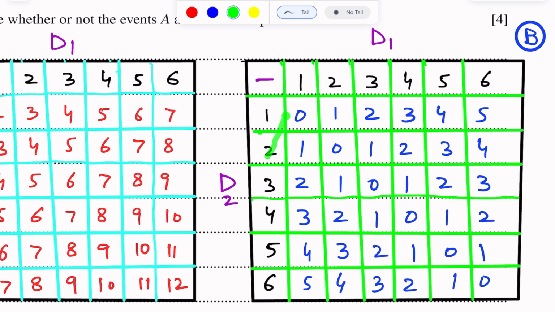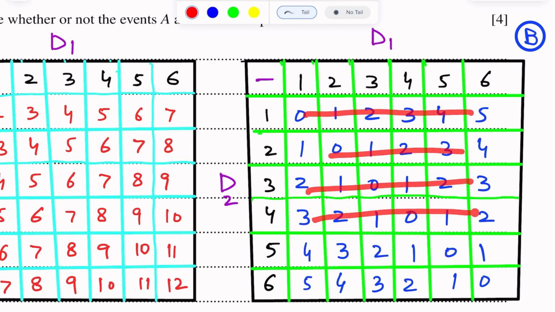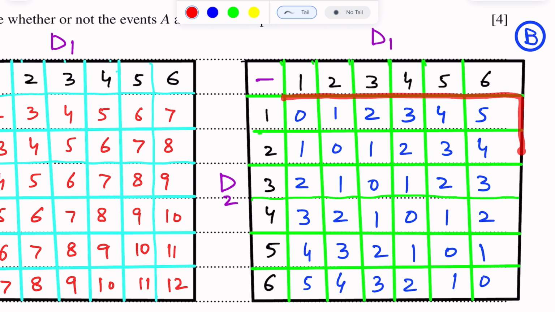In the same way, 2, 1 difference 1 and 2, 2 difference 0. 2, 3 difference 1, and so on. These are the possible outcomes for event B.